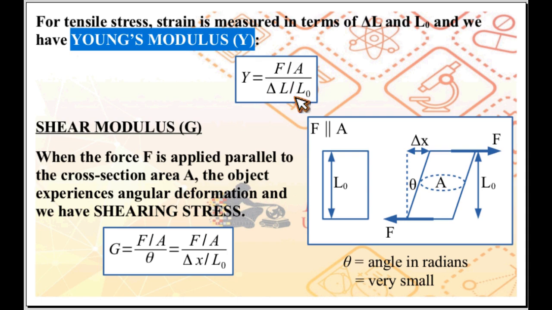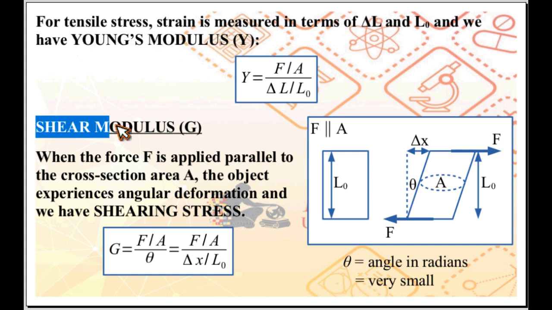So Young's modulus is equal to F over A divided by delta L over L naught. Young's modulus is a property of the material that comprises the object. Each material has its own value of Young's modulus.